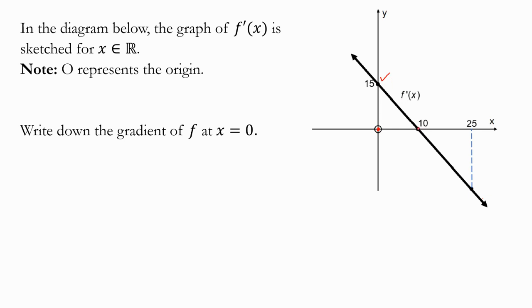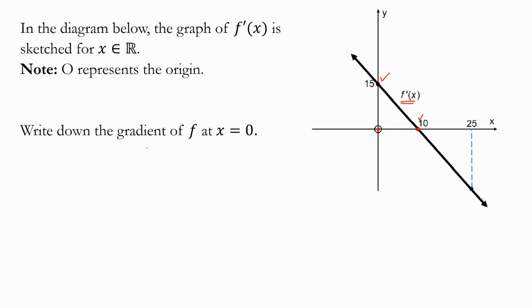When x is equal to 10, what is the gradient? The gradient is 0, because here y is 0. So from this linear graph, we are reading the gradient, not the y values. This graph represents the gradient.